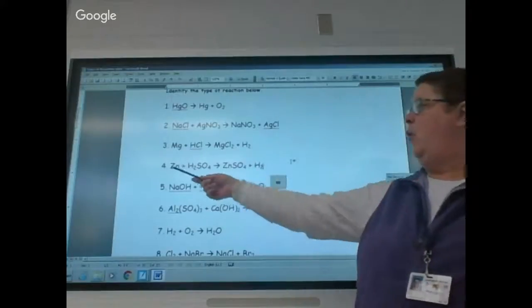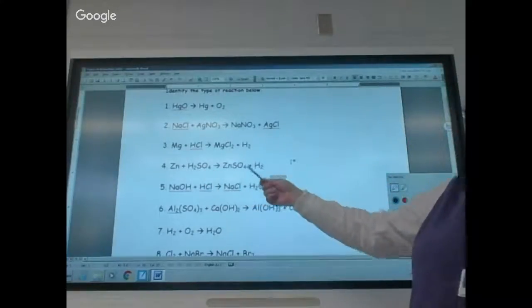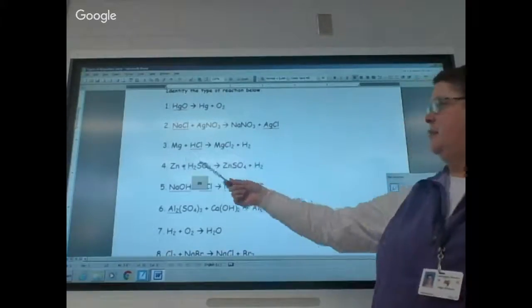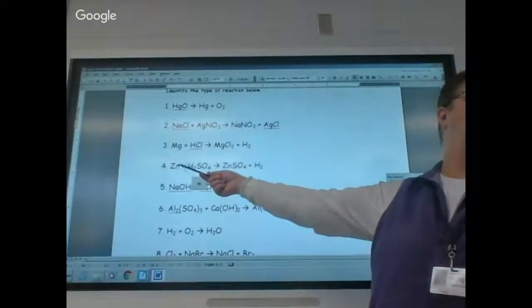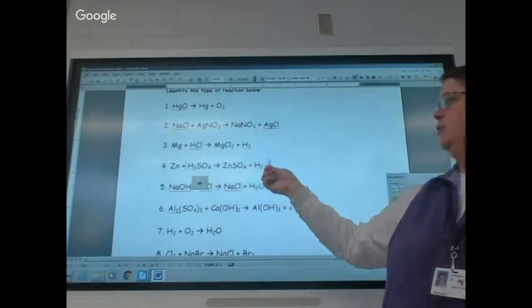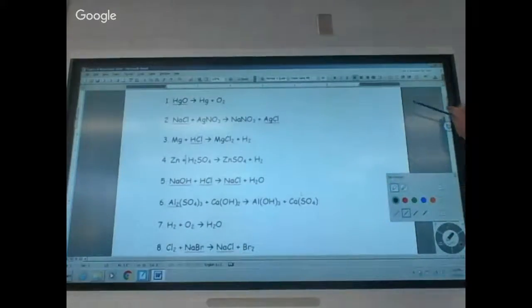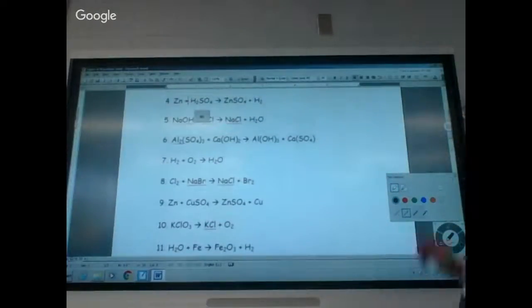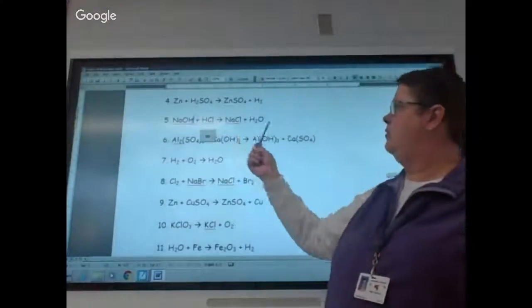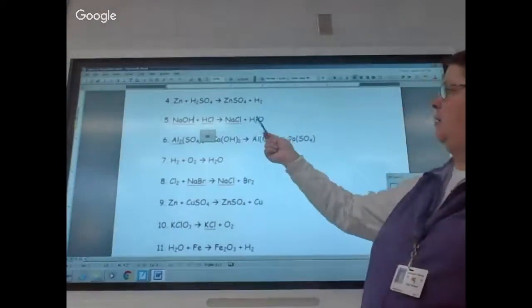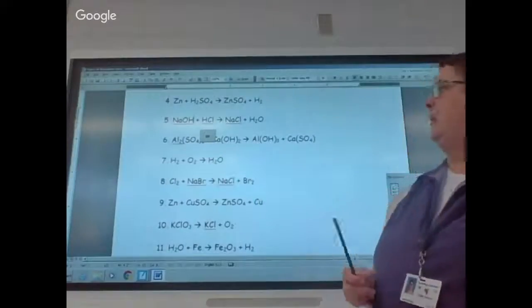All right, and number 4, what do you think here? It's got 2 plus signs. What's zinc? Single element, so it's a single displacement. What about number 5? You got 2 plus signs, and do you have any single elements in there? No, double displacement.